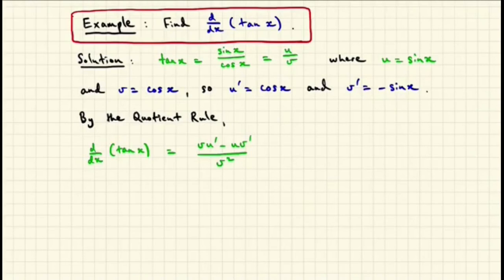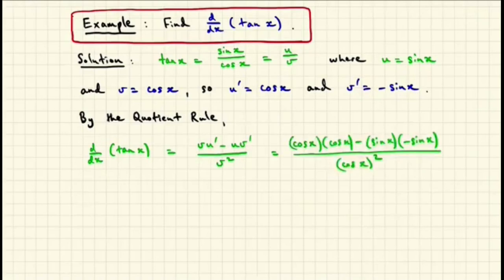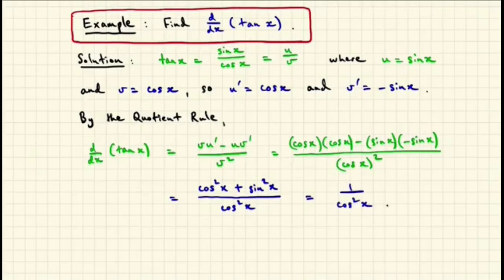The denominator becomes cos squared x, whilst the numerator becomes cos squared x plus sine squared x, which simplifies to 1 by the circular identity. And the answer becomes 1 over cos squared x. This agrees with the answer that I told you some time ago without giving any reason.